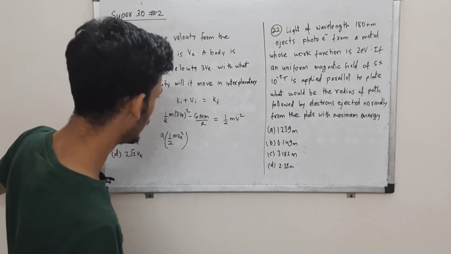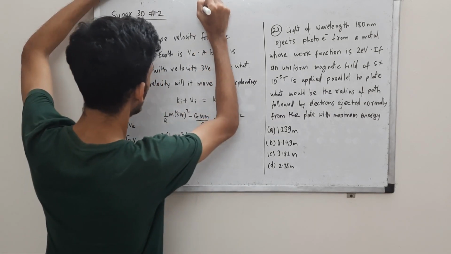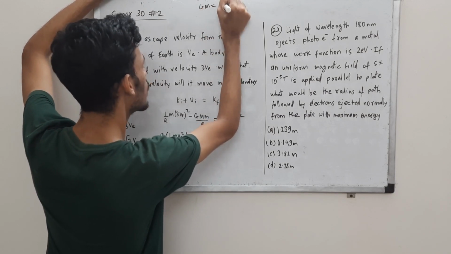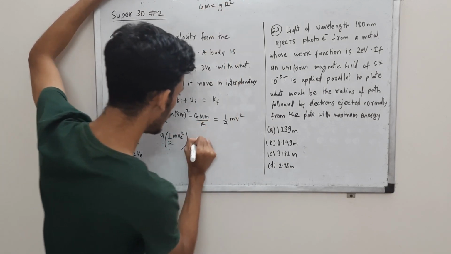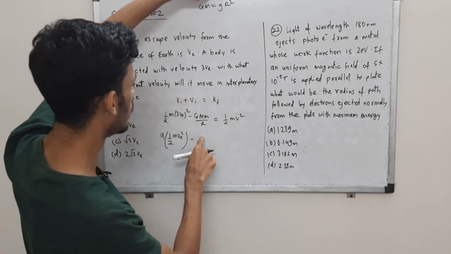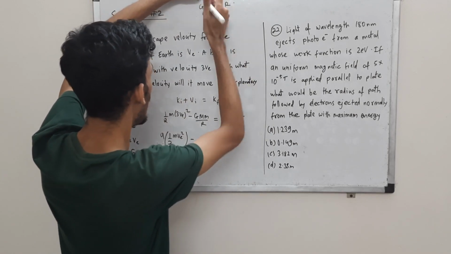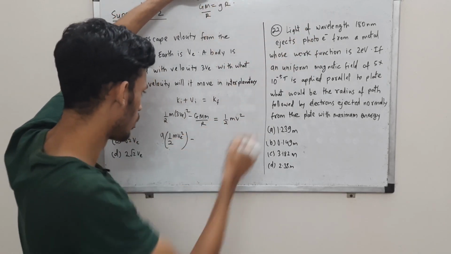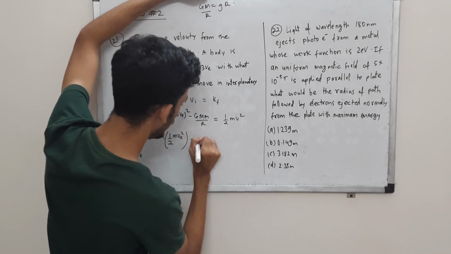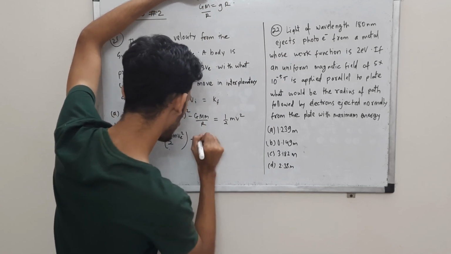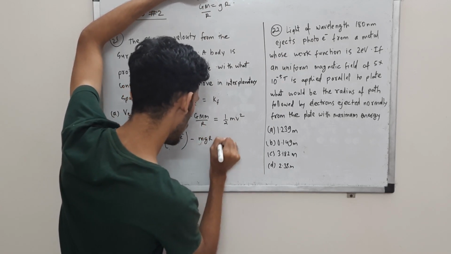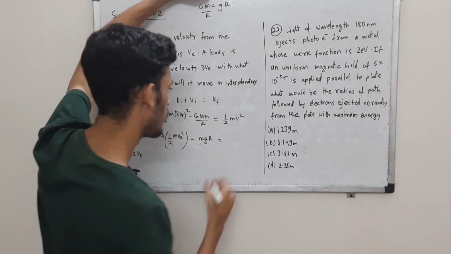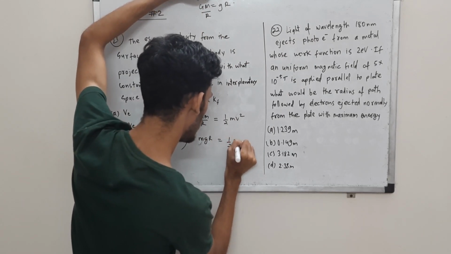Some easier way. GM, we know that GM is gR squared, right? So we can substitute GM by R as gR, simply gR. So this is mgR, and this will be half m v squared.